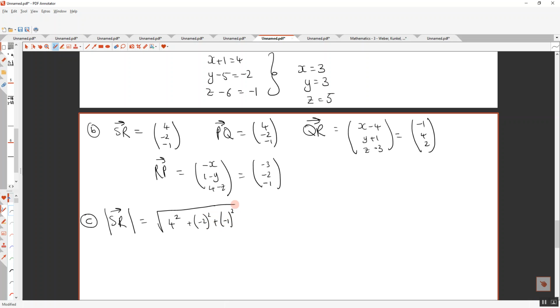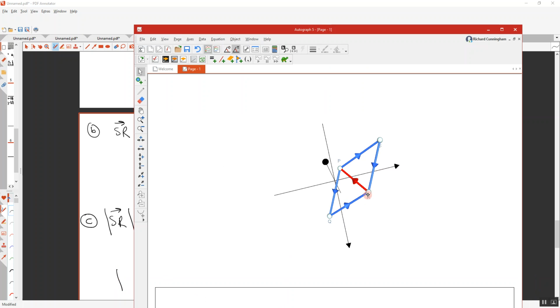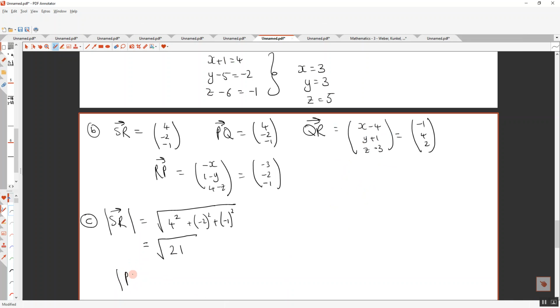And in 3 dimensions, we just put it all in one go. 16 plus 4 is 20, 21, so I get the square root of 21. And that is also equal to the magnitude of P to Q, since S to R is the same as P to Q, which is the square root of 21.